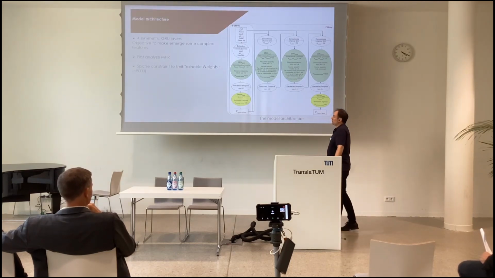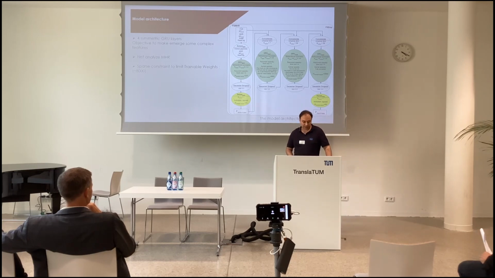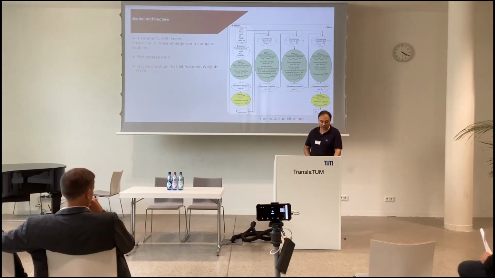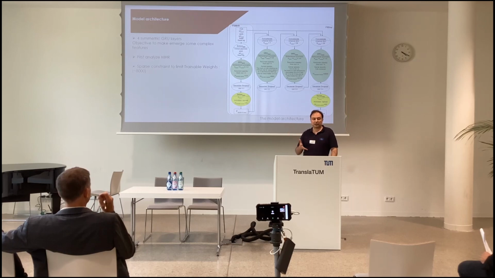We designed a model based on GRU, gated recurrent units, with 4 symmetric GRU layers in succession. The objective is to make some features emerge, from easy ones to more complex ones.